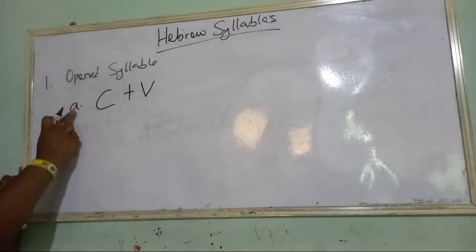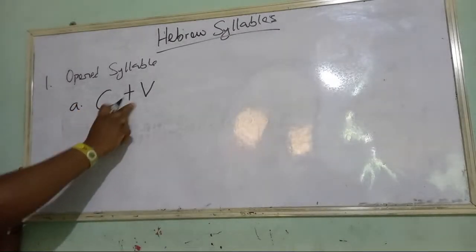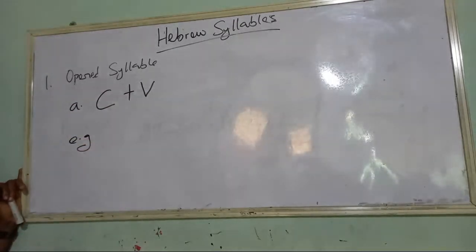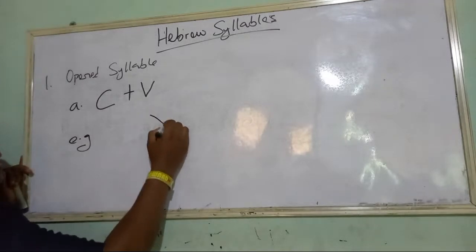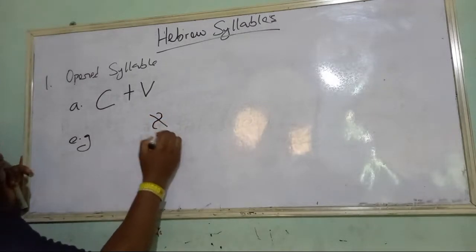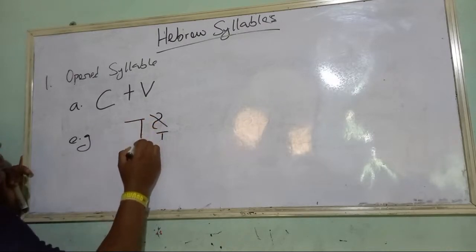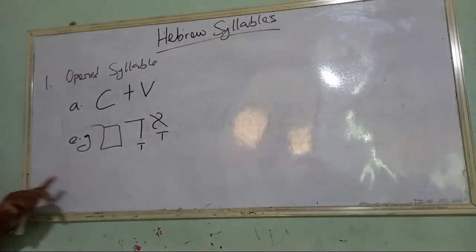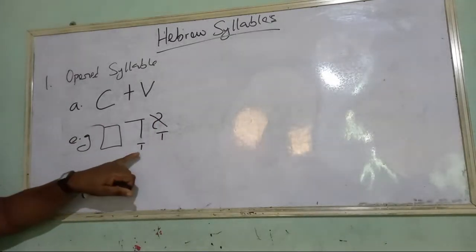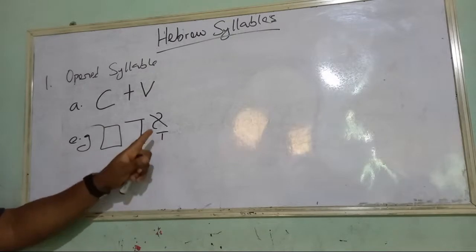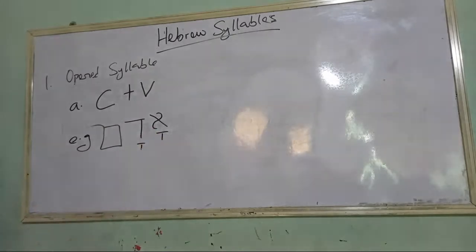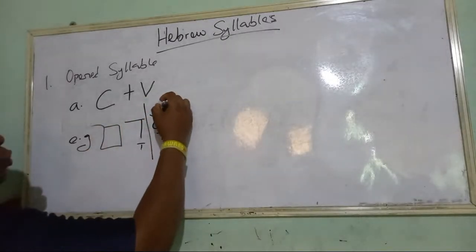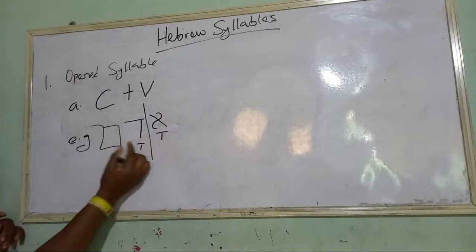Let's look at the word I gave you earlier as an example. How many syllables do we have in this word? We count the number of full vowels. We have two, so this word has two syllables.